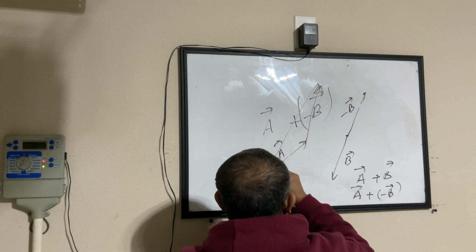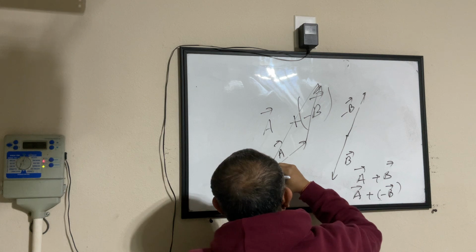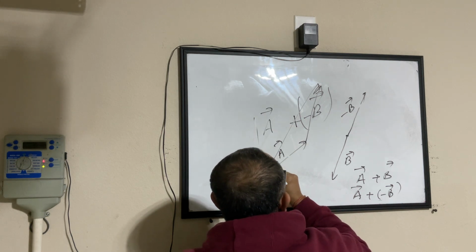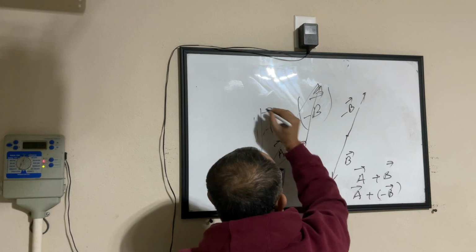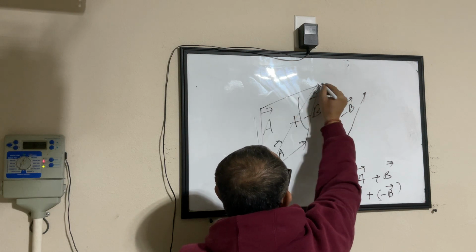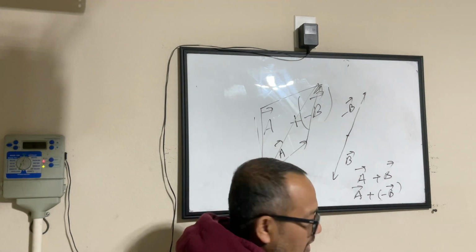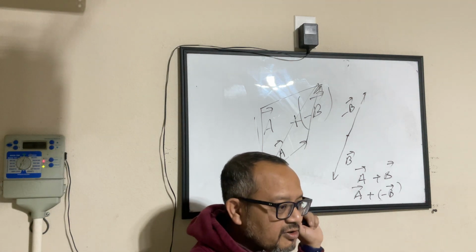So you will say, my drawing skills are a little scratchy. I know this doesn't look like a parallelogram, but I'm sure you guys will do a better job when you try drawing it.